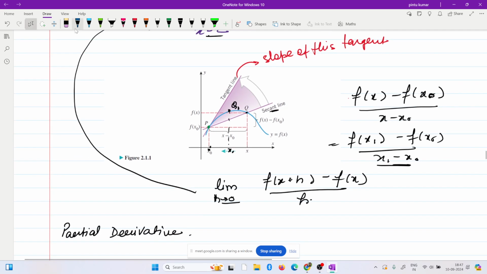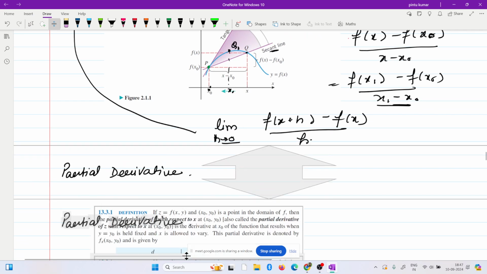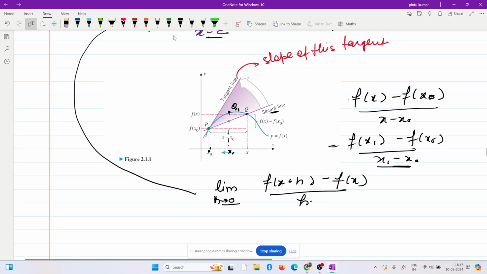Now there is one more small thing. Whatever we did right now, we could have done the other way around too, right? Let's say I picked a point over here, I drew this line, and then limited this distance. So whatever we did initially is called the right hand derivative, because we were approaching this point via the right path.